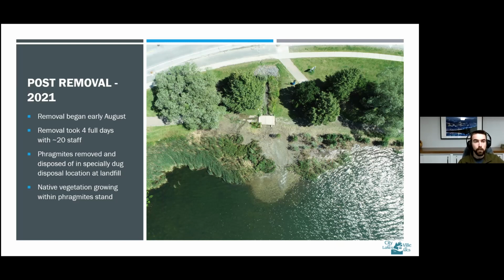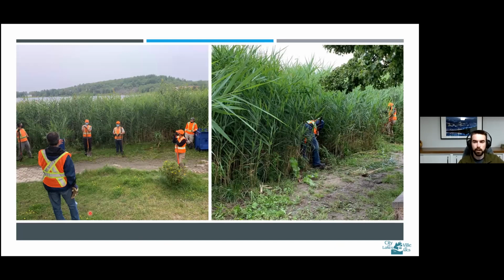So I'll show a couple of photos here of the work actually being done. So here's Stephen again, just directing the regreening crew, giving them some instructions on how to do the removal, because you do have to be fairly surgical with your removal.